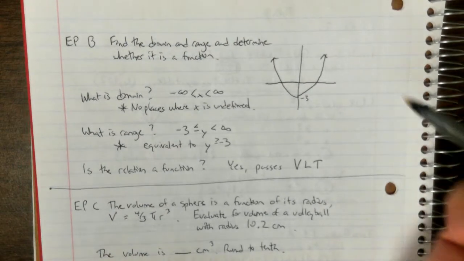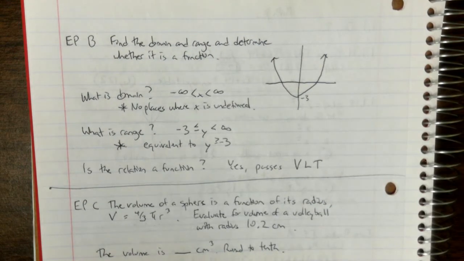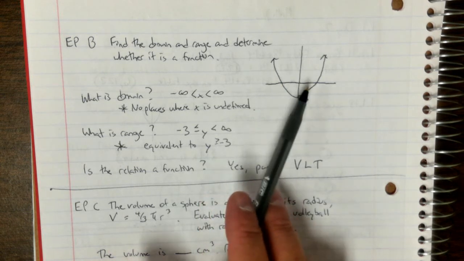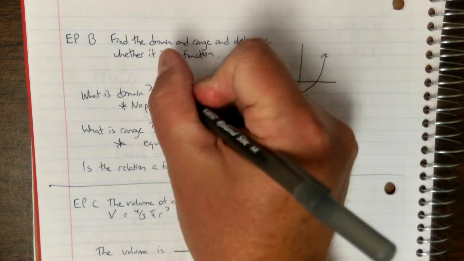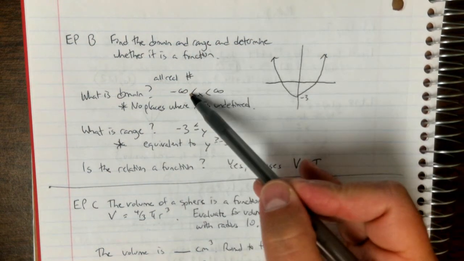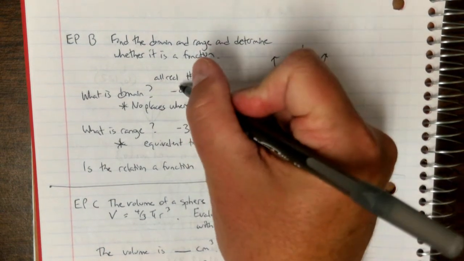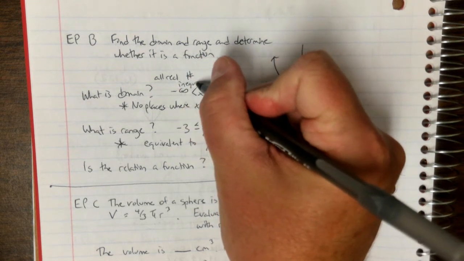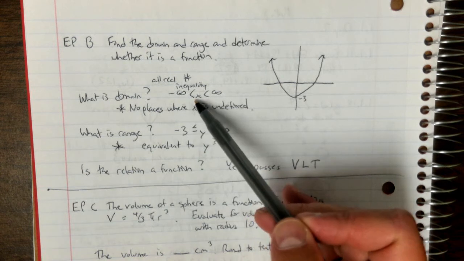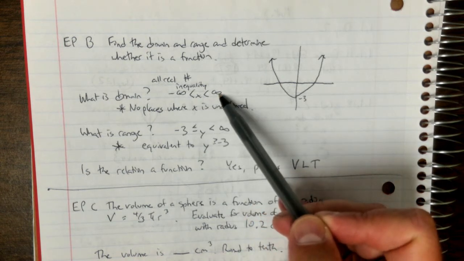And now you have a problem that says find the domain and range and determine whether it's a function. So the domain on this, like we said before, is all real numbers. And when it's all real numbers, the inequality notation is this. -infinity less than x less than infinity.